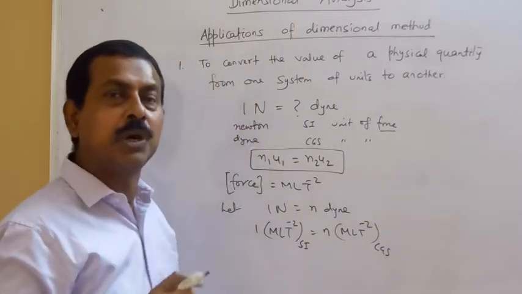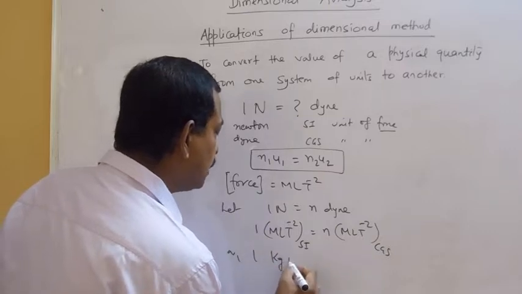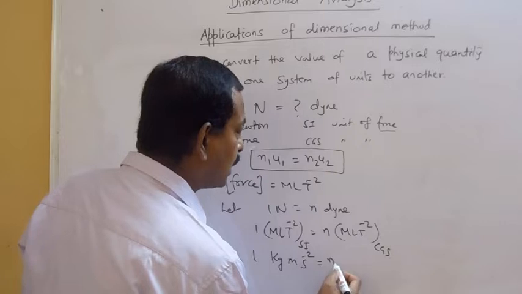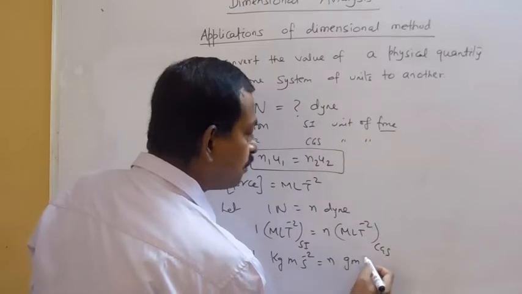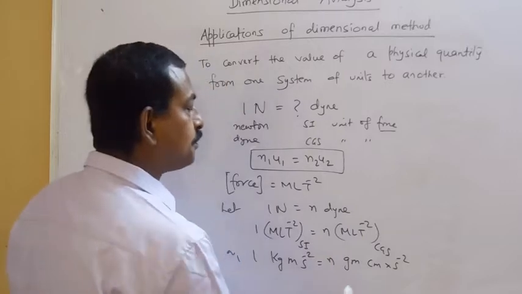We'll write the corresponding units here. So this is 1 kg, meter, second square in SI, and gram, centimeter and second square in CGS.